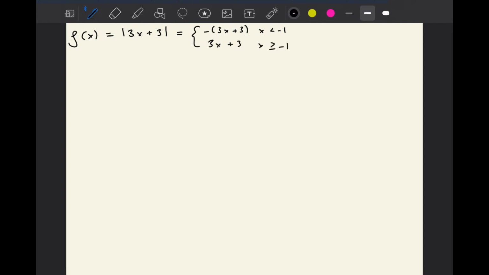So we rewrite this as a piecewise function in order to get the integral, and the integral we're going to get is going to be from negative 3 to 1. So over here, we can rewrite this as ranging from negative 3 to negative 1.